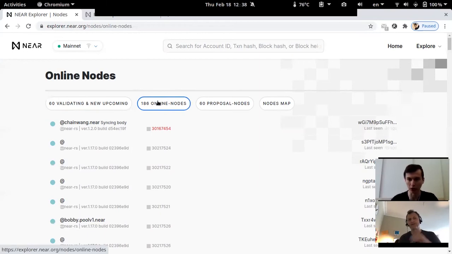Then at least the nodes are pushing the data to you. Yeah, the nodes are telling us that they're online. So we know there's at least 186 nodes online. There may be many more, right? And so that's being reported to what exactly?